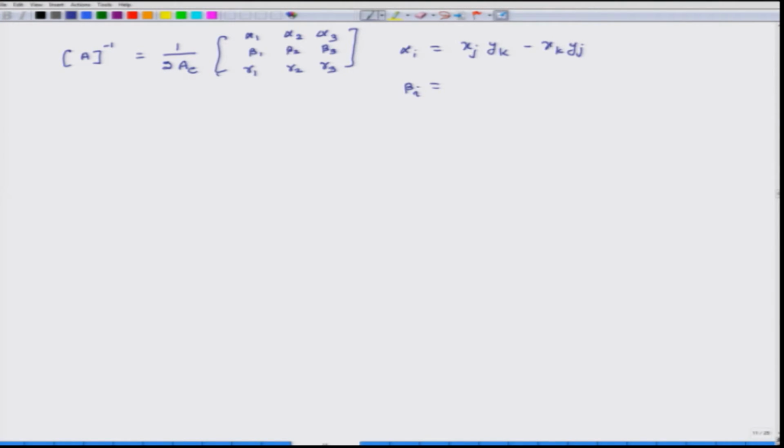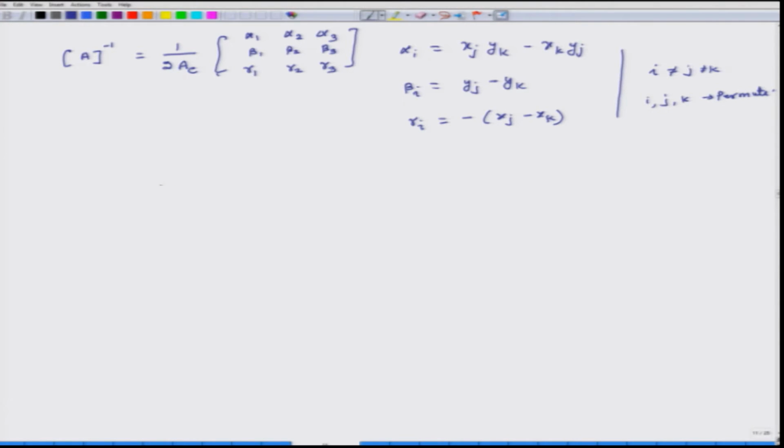Beta i equals yj minus yk, and gamma i equals minus xj minus xk. Here i is not equal to j, is not equal to k, and i, j, k permute.